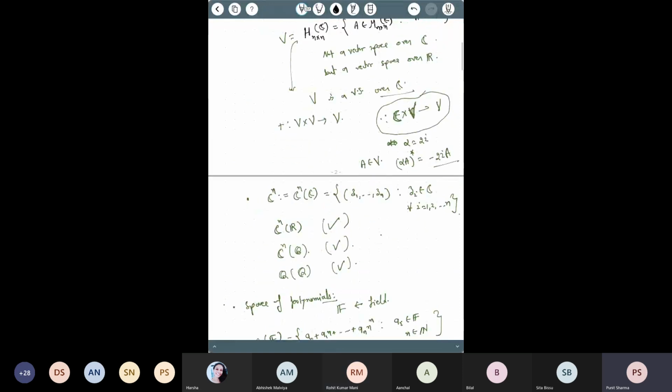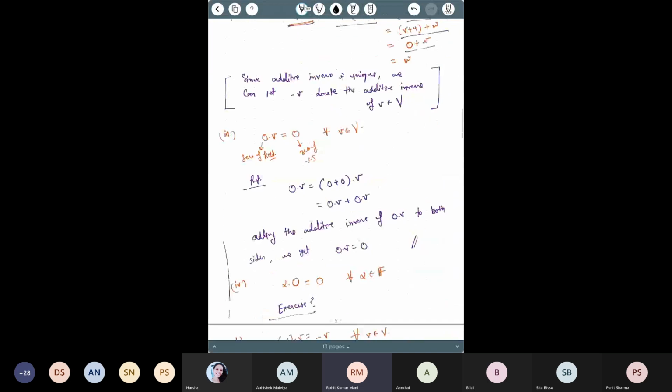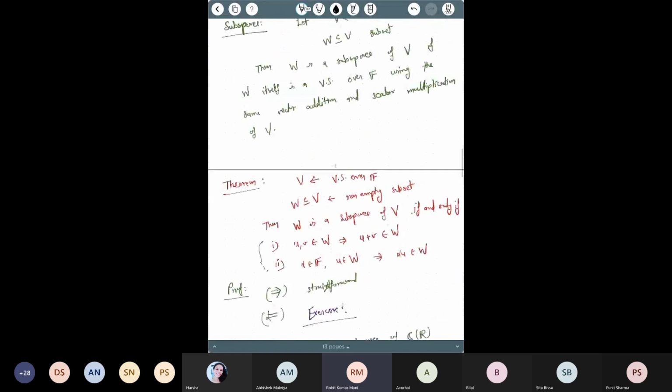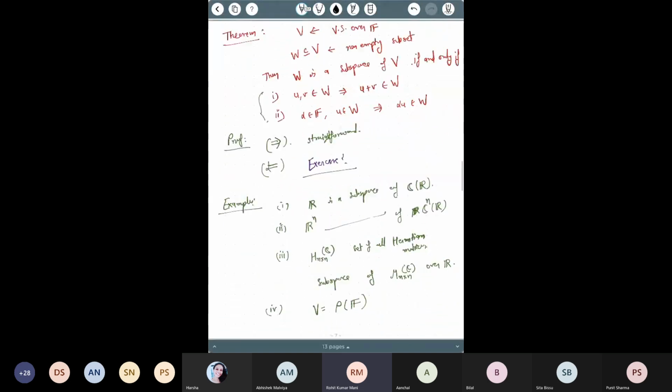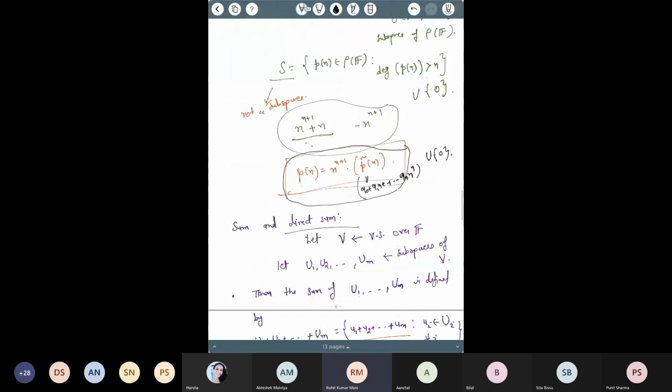Sir, I wanted to ask that when you are taking P tilde n, are you taking all such collections which form a subspace up to degree n, or something else? So here you have to fix this n.